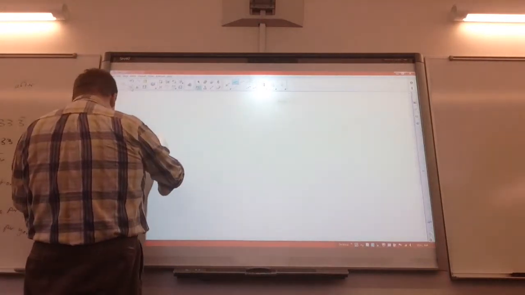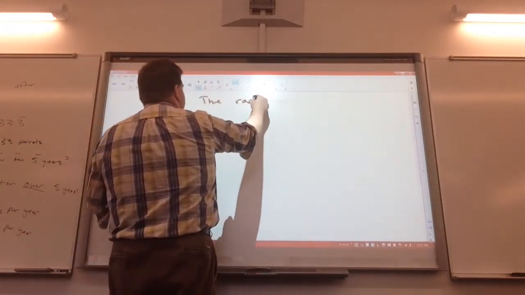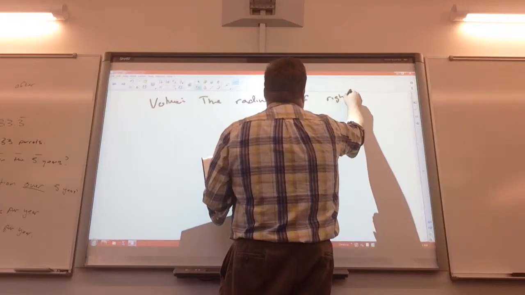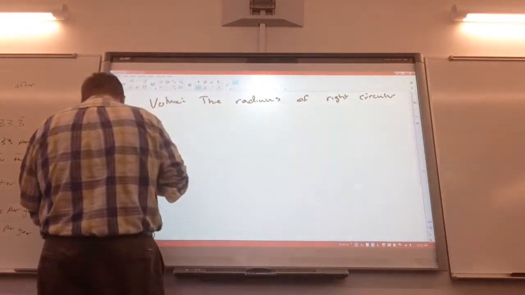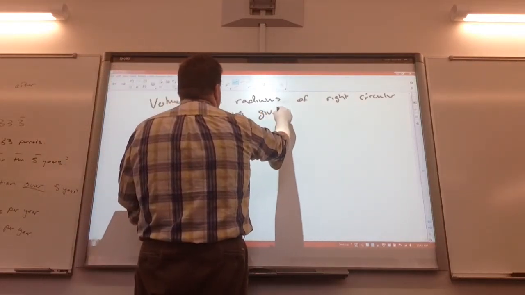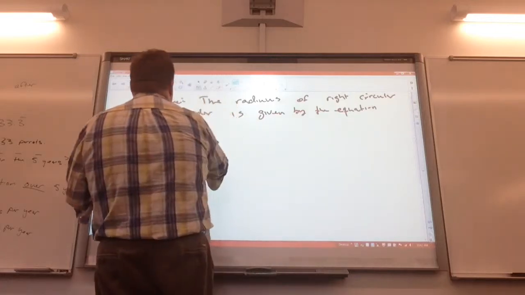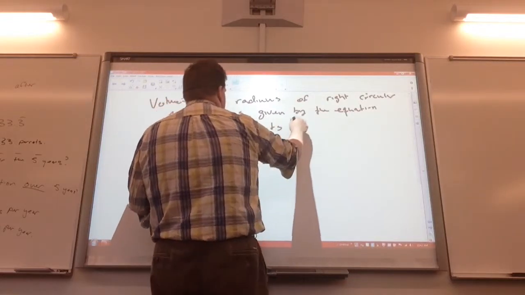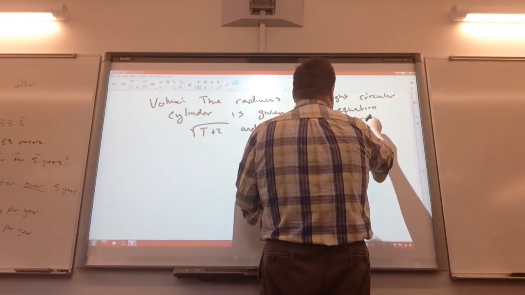We've got the volume of a right circular cylinder, and we're told the radius is given by the equation square root of t plus 2, and its height by 1/2 root t.